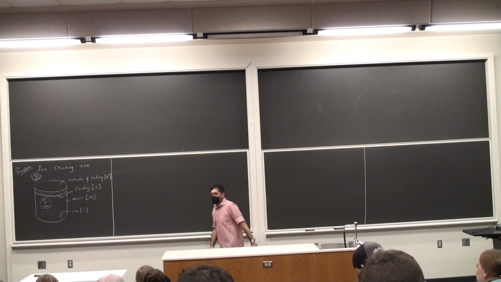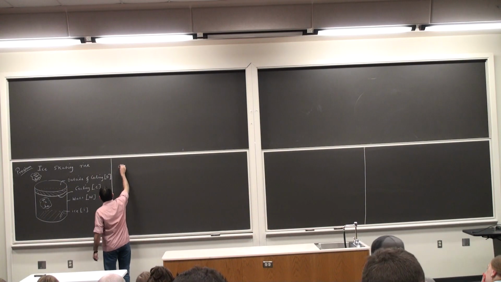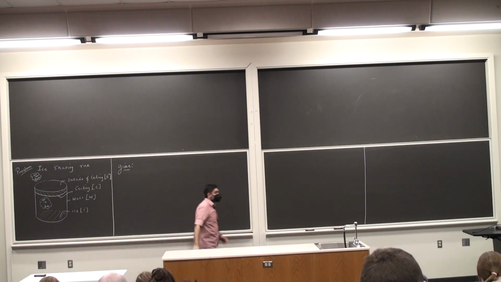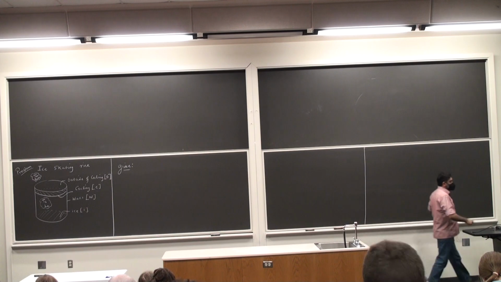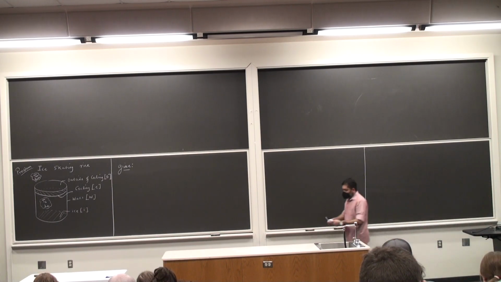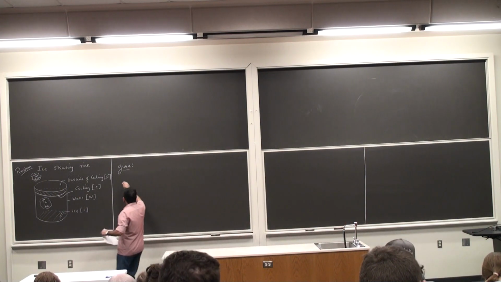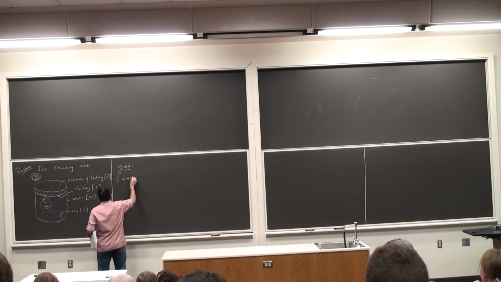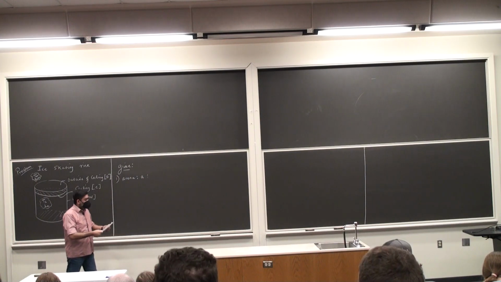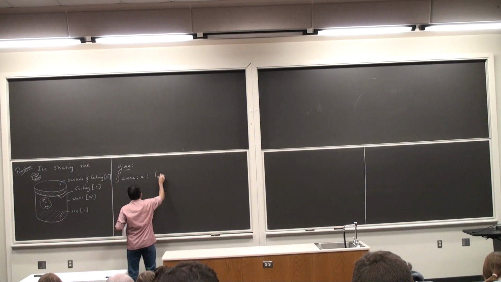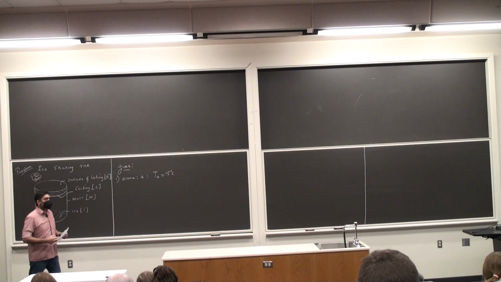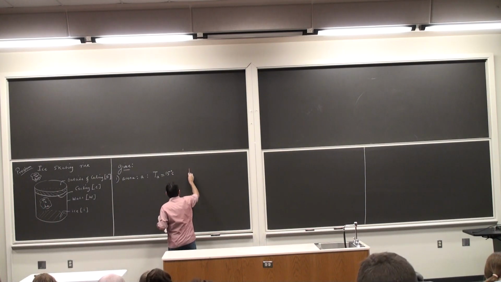You are given the following information. Let's start from the inside, the arena. Here are the details. The temperature is 15 degrees Celsius, and the convective heat transfer coefficient is 5 watts per meter square Kelvin.